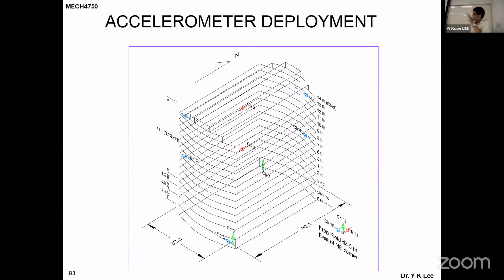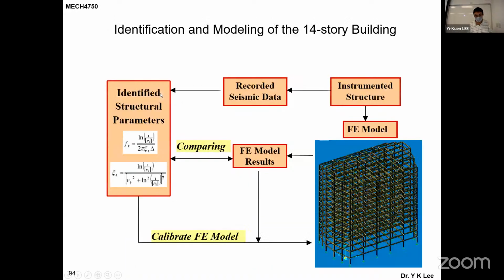Remember, we can easily build M and K, the mass matrix and K, same for damping, but this is one of the most difficult parts. So here I show you they have about 12 channels of accelerometers put there, and in this case, you can see they base it on this FEM model to build what? M and K.